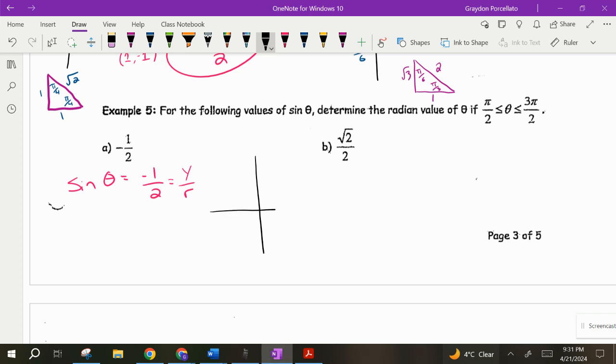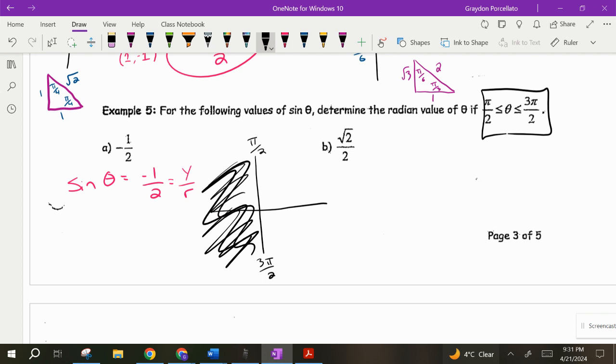So our y is negative 1. And notice how it tells us our region: we're looking between pi over 2 and 3 pi over 2, so in these quadrants on this side. That's where our answer is going to be.